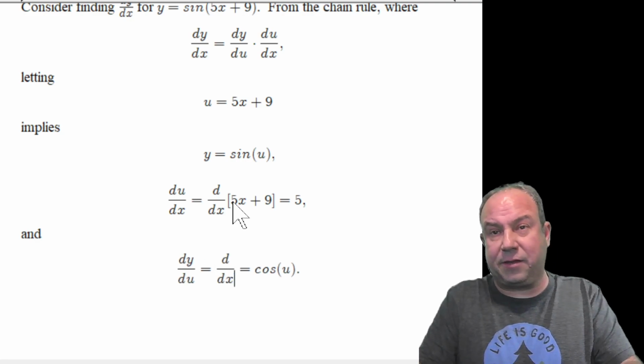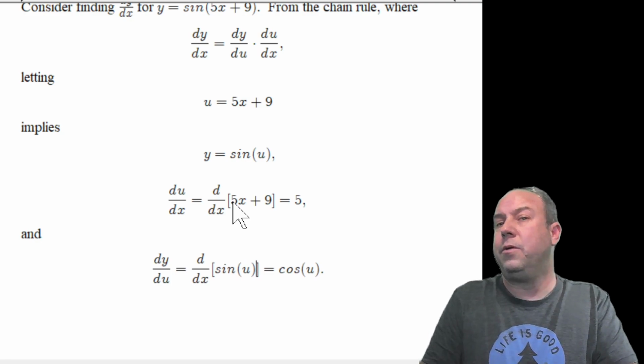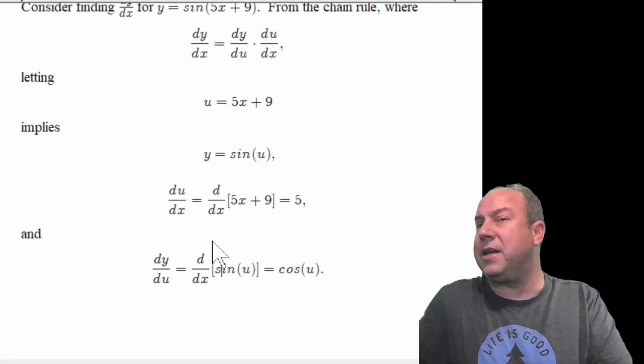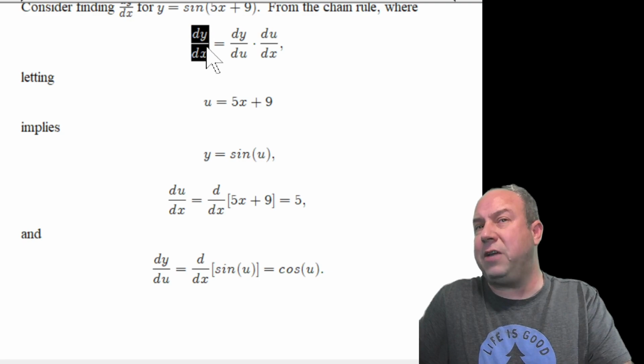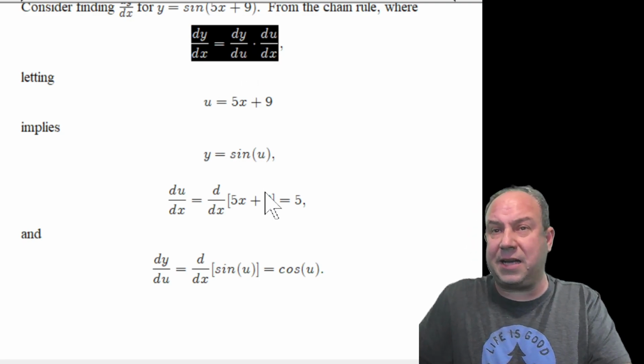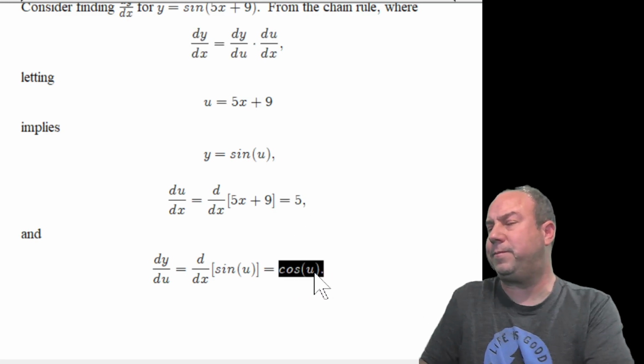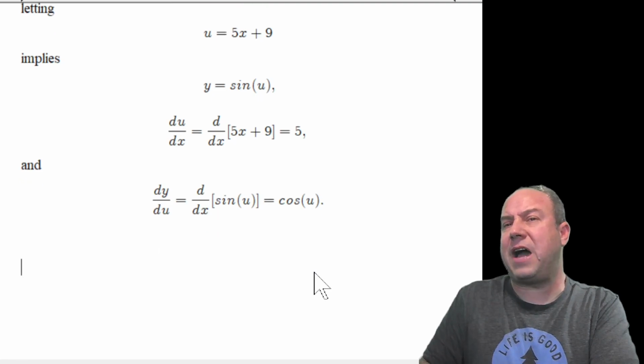And here we're looking at the derivative with respect to u for just the sine of u, right? I'm looking at the value of dy du. And from the chain rule, dy dx then is just going to be the product of dy du with du dx. It is just going to be the product of these two end results. It's going to yield 5 cosine u.